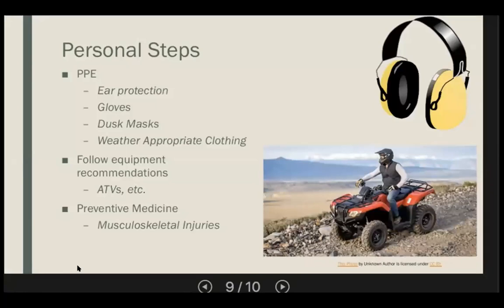Weather appropriate clothing, light clothing and hats in the summer, or bundling up in the winter to avoid frostbite. Following equipment recommendations, like only having one rider on an ATV, putting a helmet on, and also getting preventative medicine in order to help prevent some of those musculoskeletal injuries, like doing physical therapy right when you notice any issues.